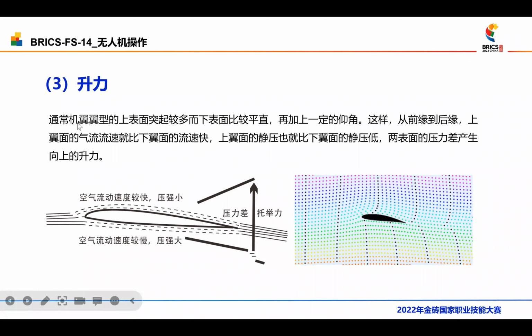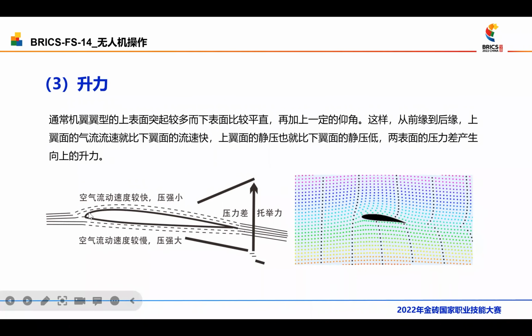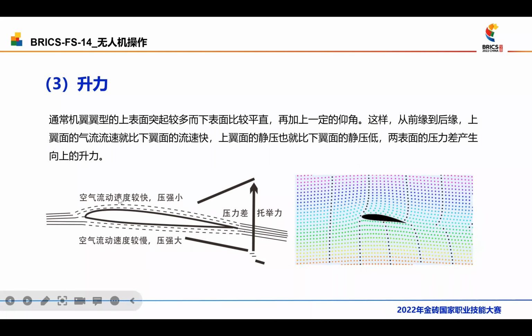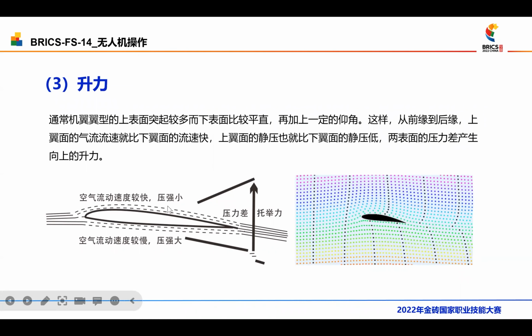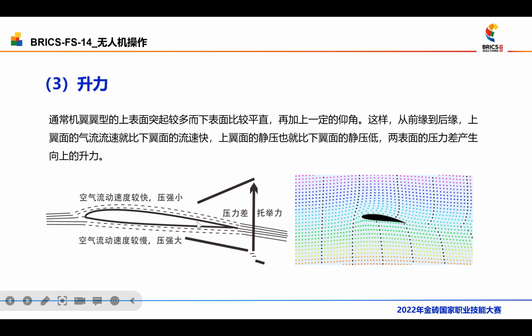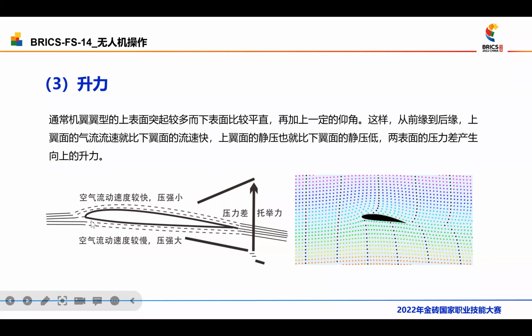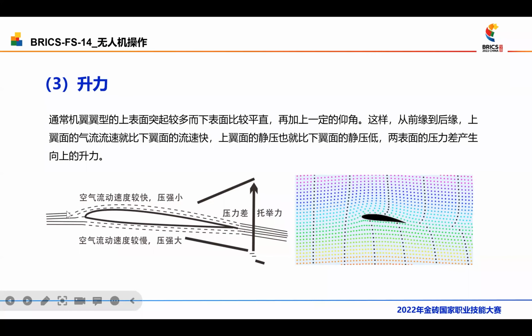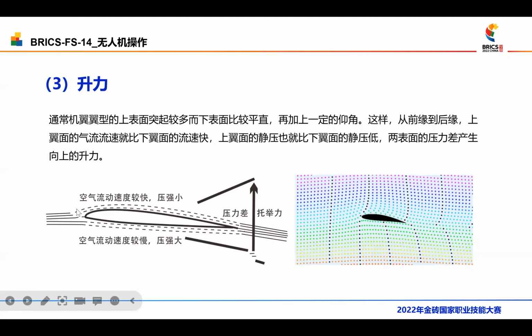Let's talk more about the lift. Usually, the upper surface of the airfoil is more protruding and the lower surface is more flat, coupled with a certain elevation angle.